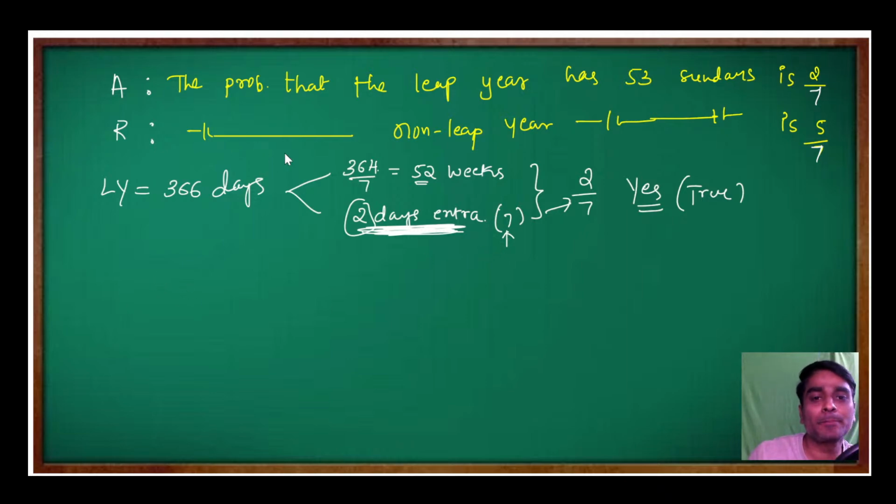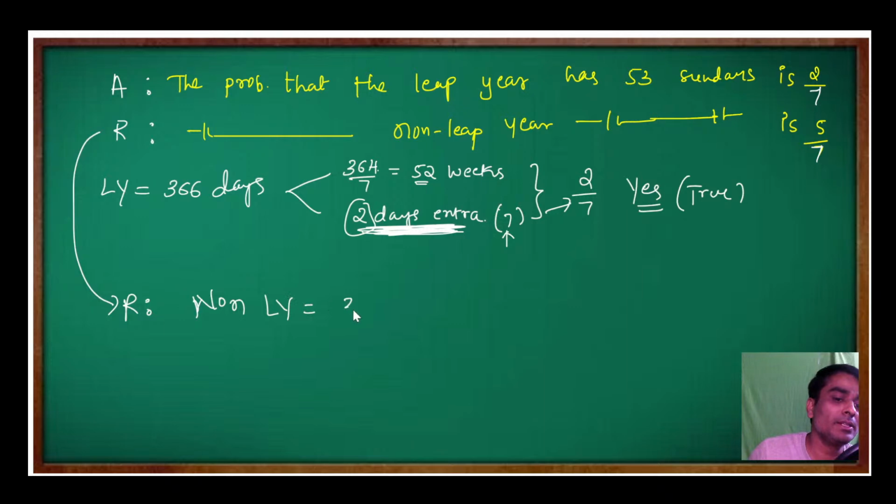And reason, the probability non-leap year 53 Sundays is 5 by 7. Reason I am solving here. Non-leap year means 365 days.